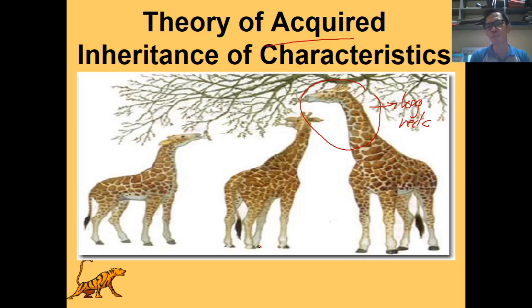So modern geneticists connect this theory by Lamarck to epigenetics, the study of how the phenotype of the organism changes without changing its genotype. Meaning to say, there is somehow a resemblance between this theory by Lamarck and our modern understanding of genetics.